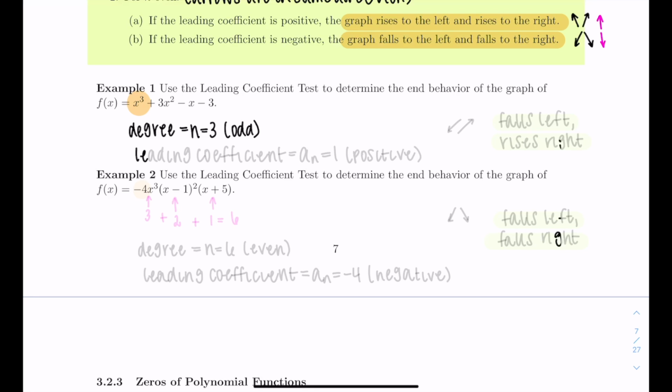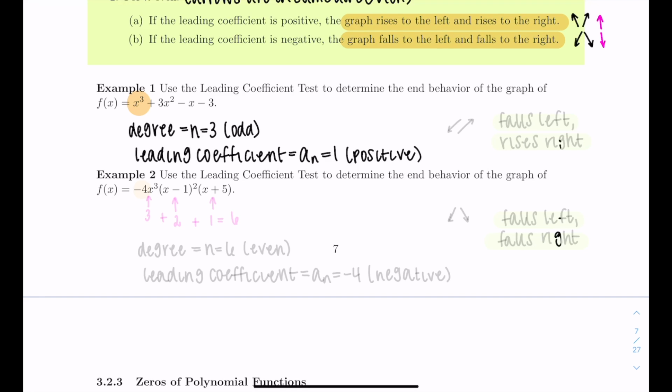The leading coefficient, which we write as a sub n, is 1. And so that's positive. So think of positive slope.